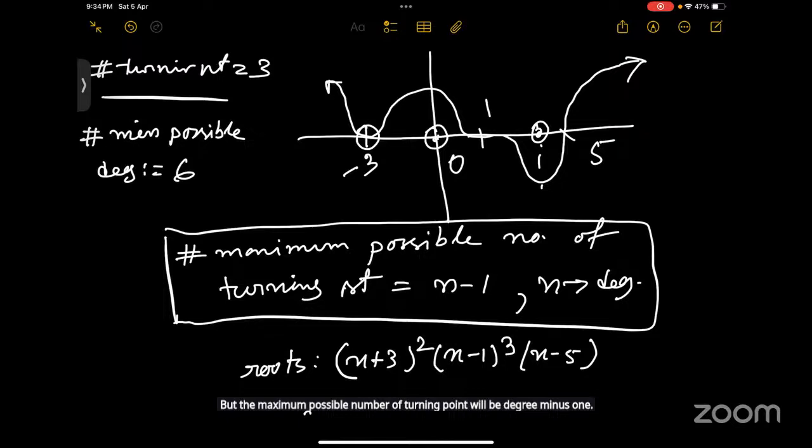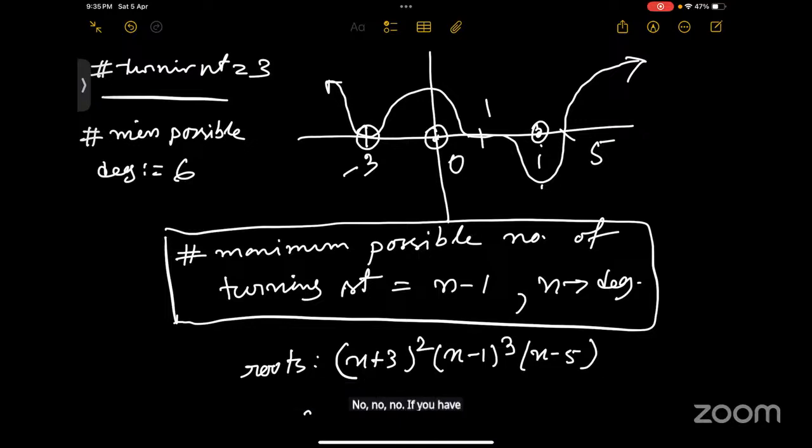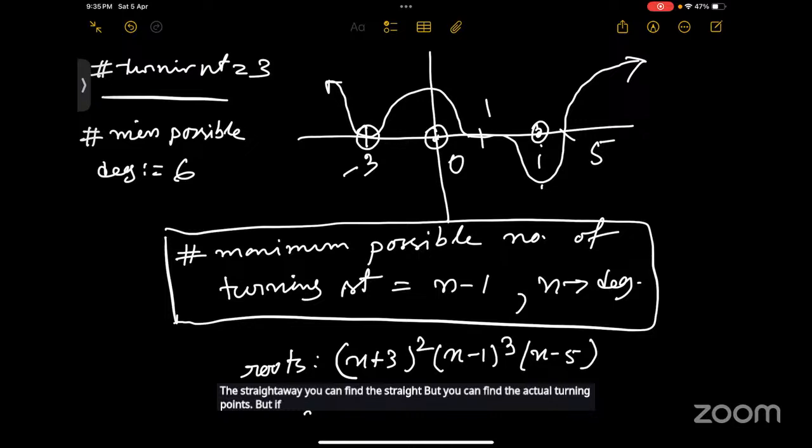Ma'am, if given a graph in an exam, they ask us to find the maximum possible number of turning points, do we first form the equation and find the degree? No. If you have the graph, straight away you can find the actual turning points.